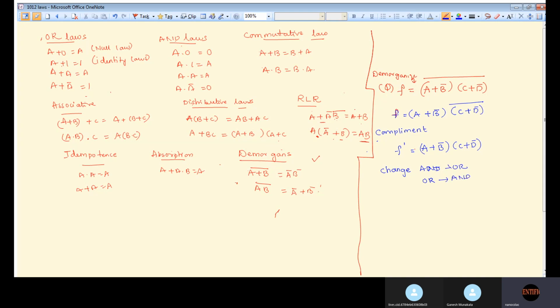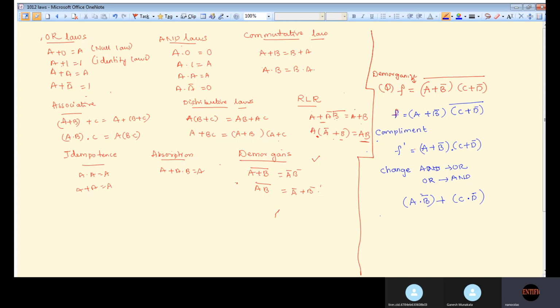Here there is a product term A B bar, which we change to a plus C, and this plus will become the product term C D bar.